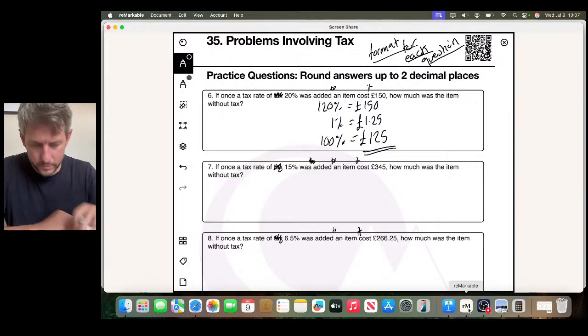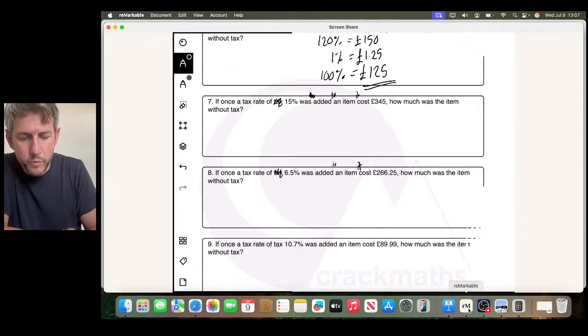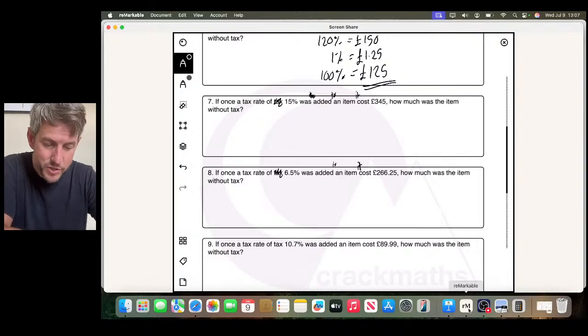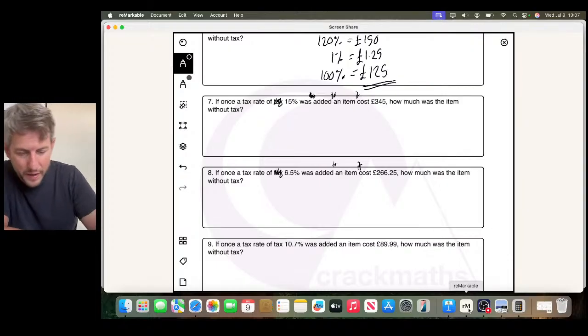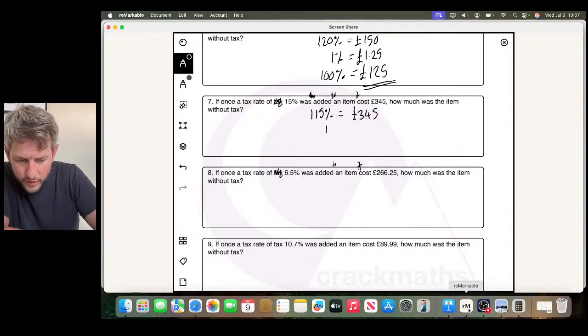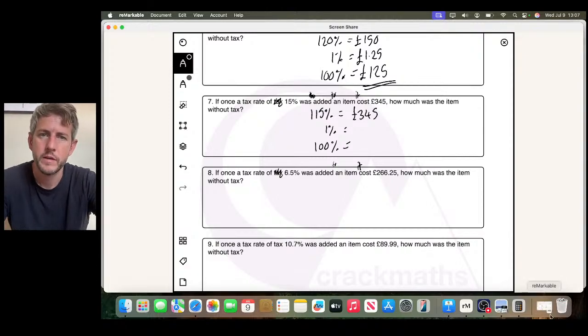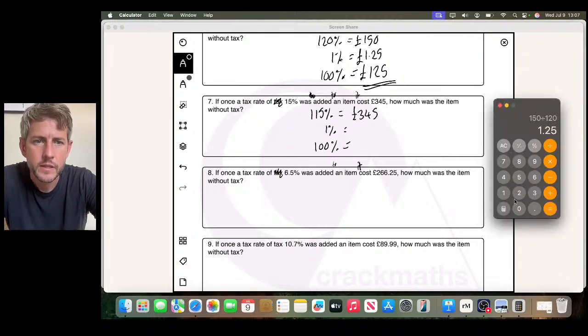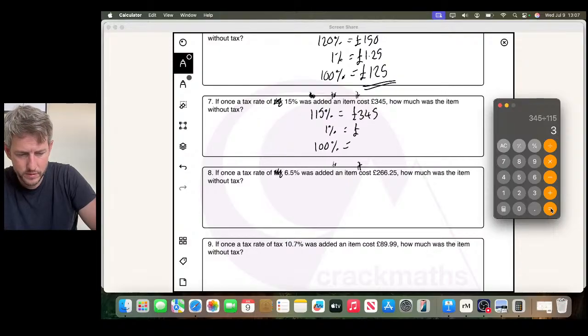Okay, right, so let's persevere with this. So here we go. If once a tax rate of 15% was added to an item, it cost £345. That means 115% of the cost of the item is the 345. We can go to 1% and then we can go to 100%. Okay, so let's get the calculator. So 345 divided by 115 equals £3. So 100% was £300.